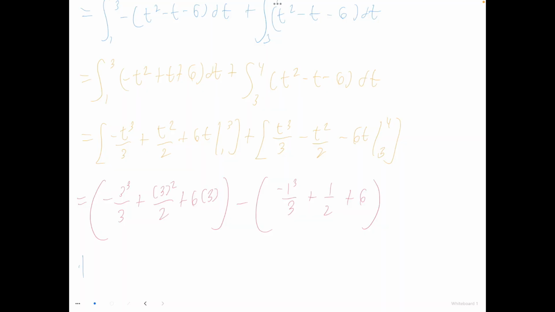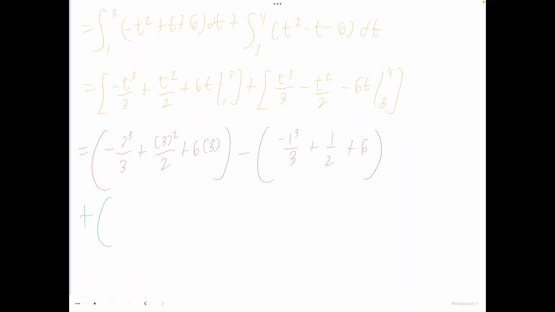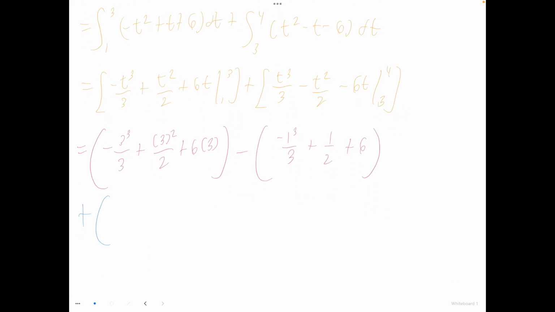Then we add on to that what we get when we plug in 4. So we have 4 cubed over 3 minus 4 squared over 2 minus 6 times 4, and then minus 3 cubed over 3 minus 3 squared over 2 minus 6 times 3.